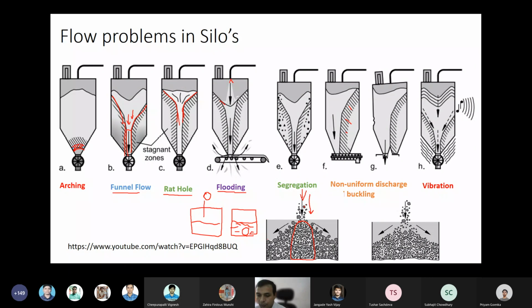Now if you hit this whole bottle or box, you will find the steel ball will come outside because of this segregation phenomenon. Segregation easily happens in flowing solids.